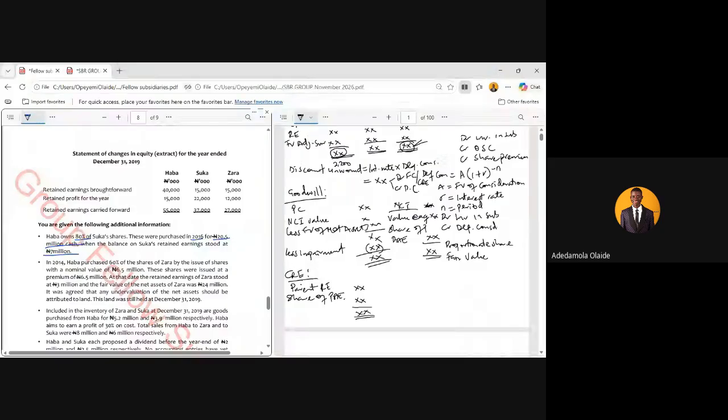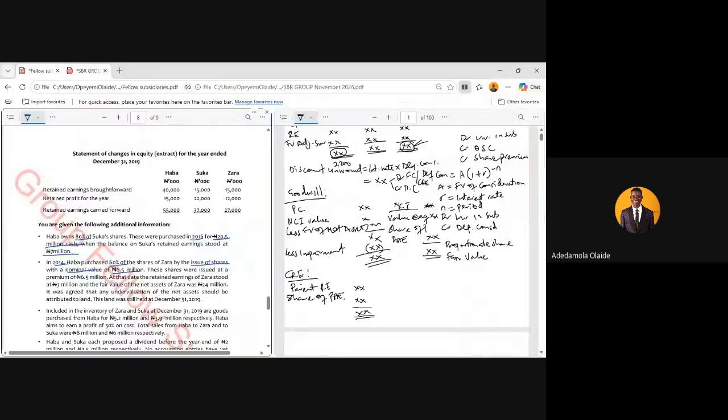So this one, 2014, purchase of 60% shares, they paid by issue of shares with a nominal value of 6.5 million. What we call nominal value of shares is the intrinsic value. That's what we take to our ordinary share capital account.